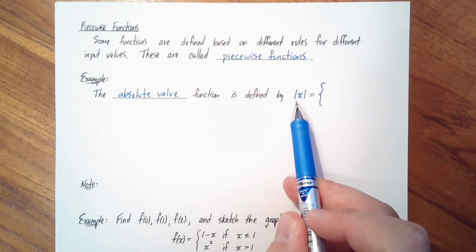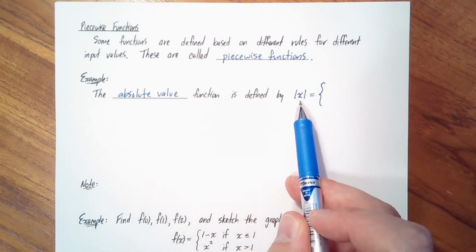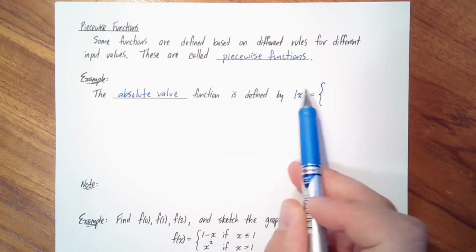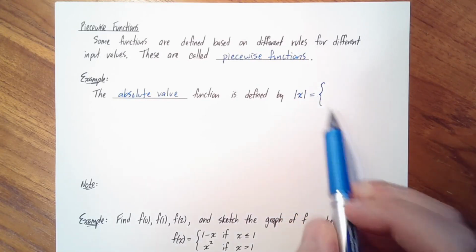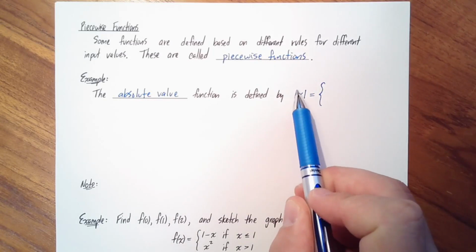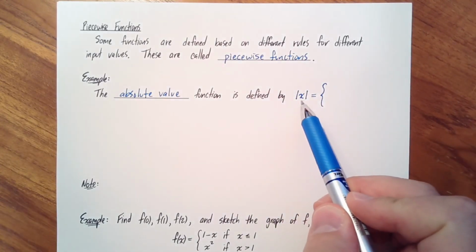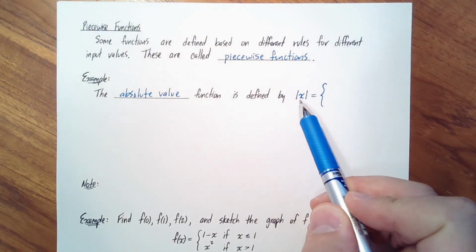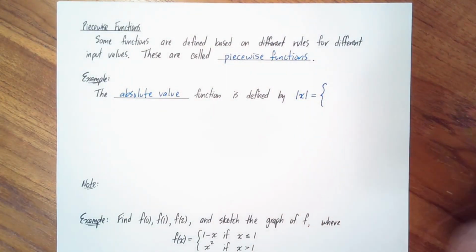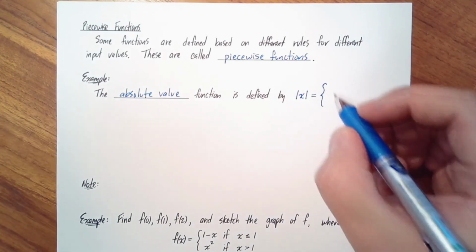Okay, so if x itself, the number x, is in between these two vertical lines, that's the notation for an absolute value, by the way. This is an absolute value calculation if I just have two vertical lines surrounding the number x. So if x happens to be positive or 0, in other words if it's non-negative, then the result is just whatever x was.